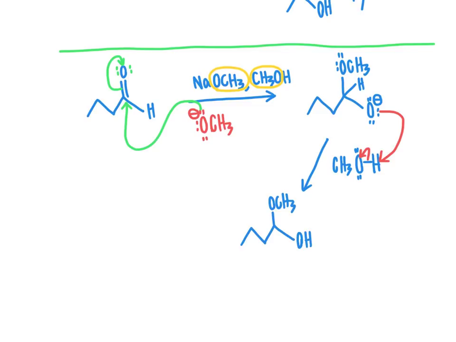So this particular product, where we have a hydroxy group and an ether group that are geminal to one another, has a very special common name that you will see floating around a lot, not only here in organic chemistry, but also in biochemistry. That is referred to as a hemiacetal.